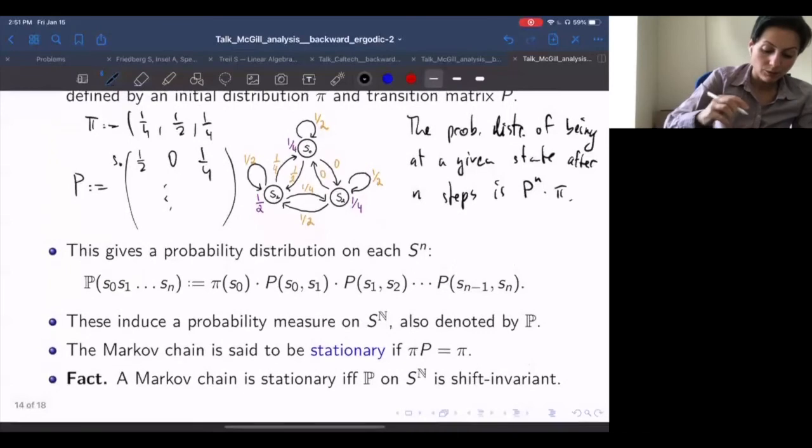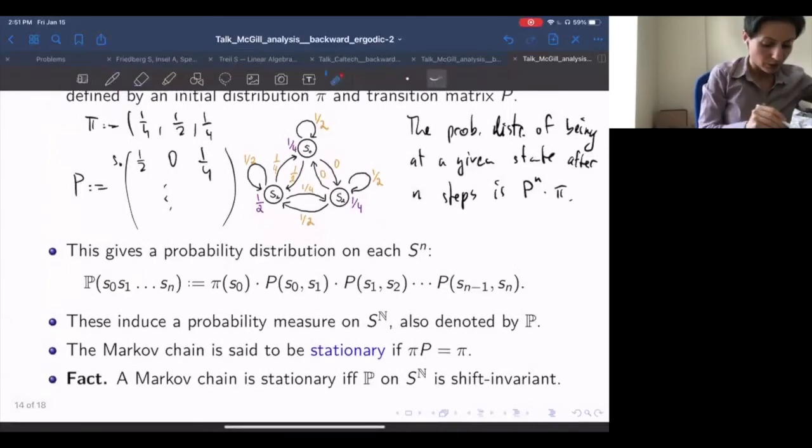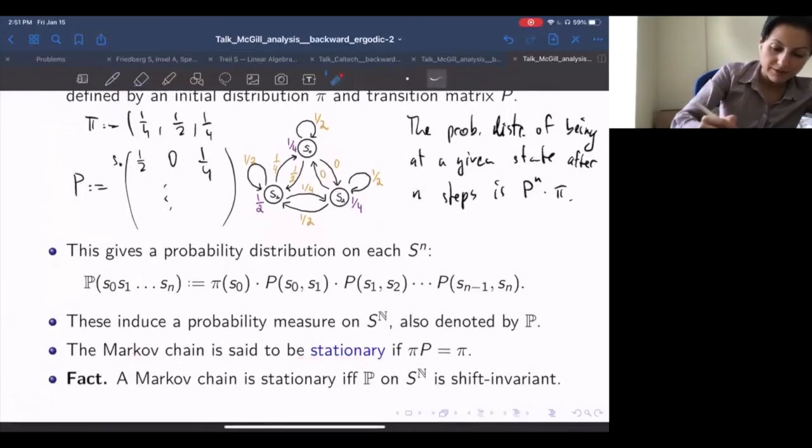Okay, and so what I'm saying is you would call a Markov chain stationary if the probability distribution of being at a given state does not change. You start with pi. Oh, I guess I should have applied the matrix the other way around. Sorry. Okay. So if you start with distribution pi and keep applying P, it doesn't change.